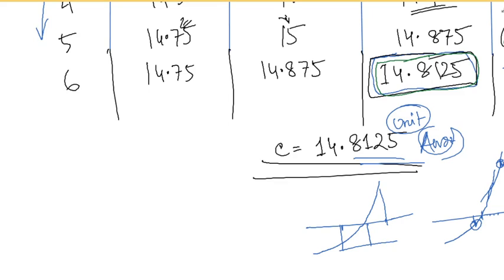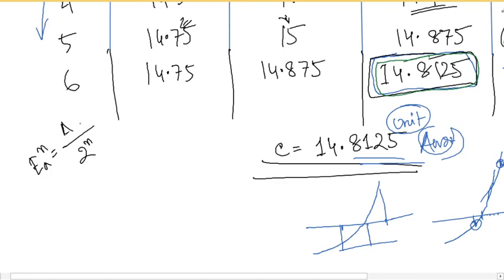The formula says EAn equals Δx0 divided by 2 to the power n. Here Δx0 is the difference between the first two, xl and xu, in the 0th iteration, the very initial case. And EA is the absolute error at the nth step.